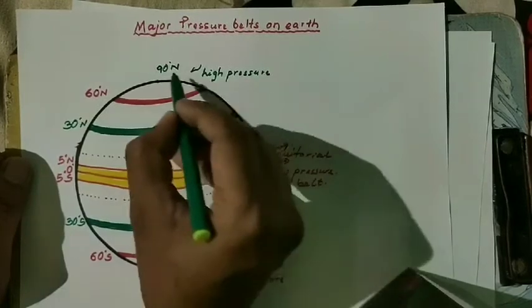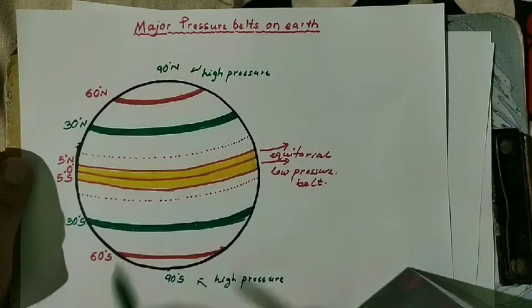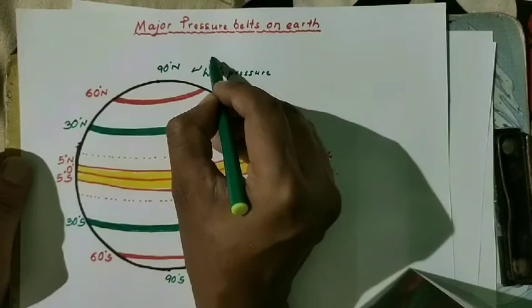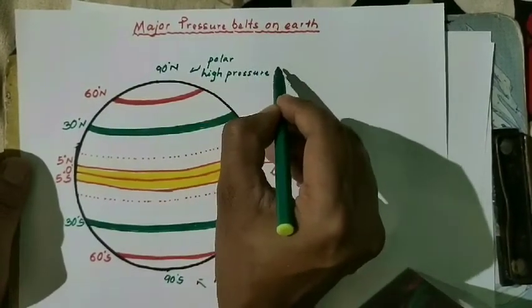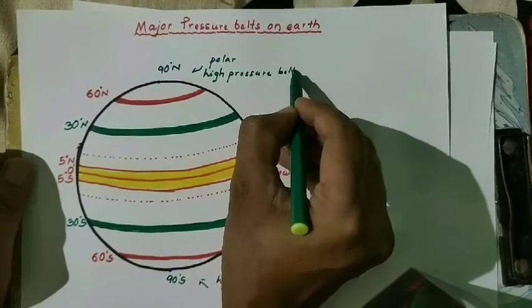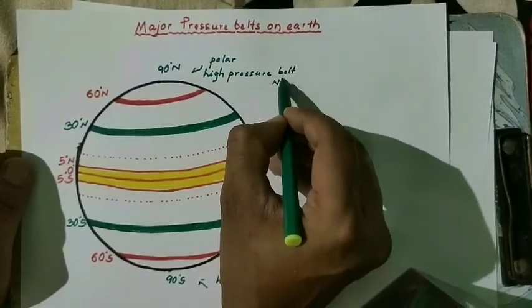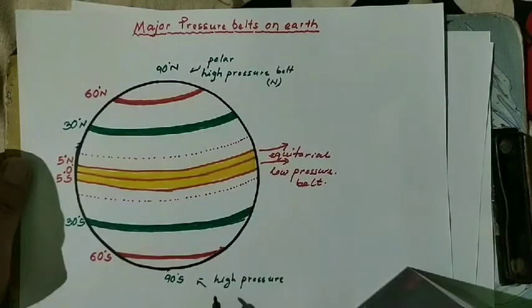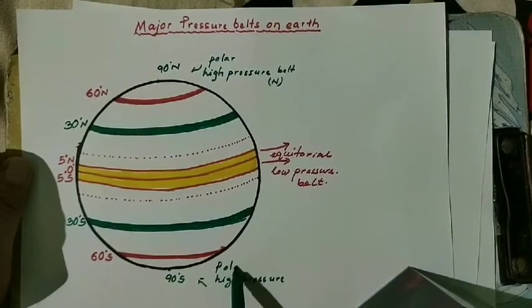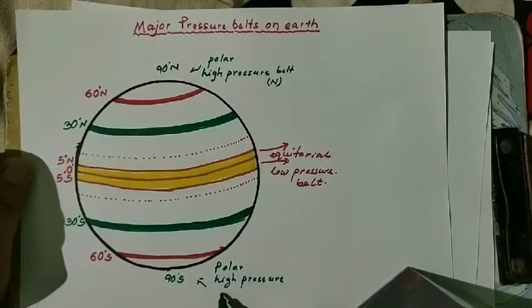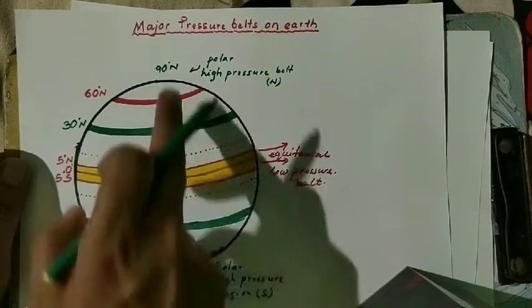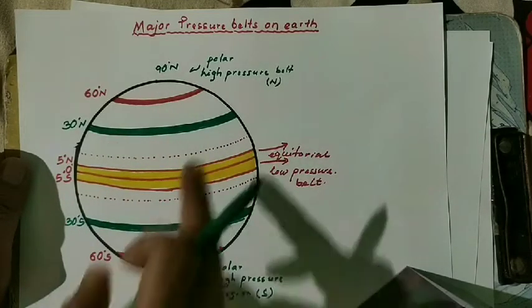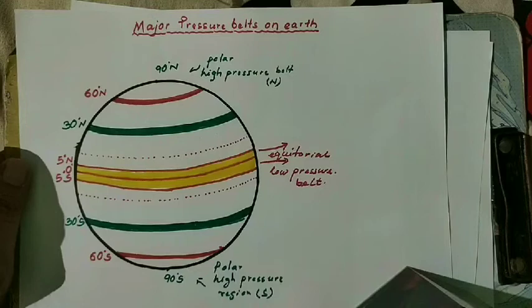As this region is the polar region, this pressure belt is also called the polar high pressure belt in the north side and the polar high pressure belt in the south side. So both hemispheres have one polar high pressure region.